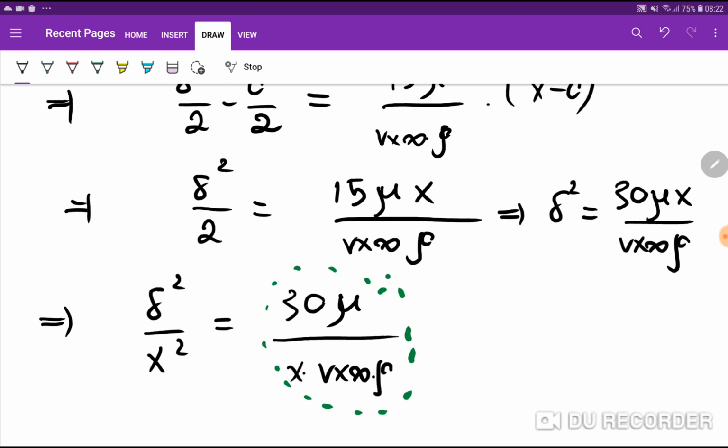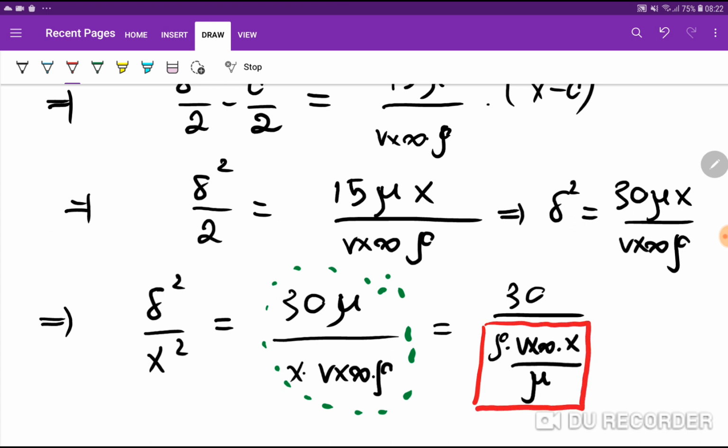I'm gonna divide by μ in the denominator and numerator, so I get 30 over ρ times Vx infinity times x over μ. And is this term familiar to y'all? Please pause the video and ponder this amazing beauty. ρ times Vx infinity times x over μ. Is it something that looks like ρ times u times d over μ? Exactly, that is the Reynolds number with respect to x. So I write equals 30 over Rex.